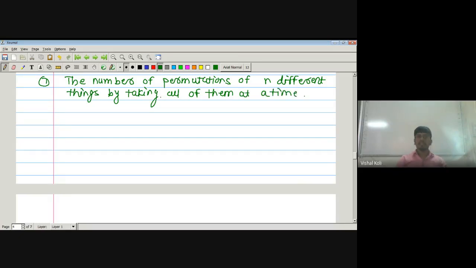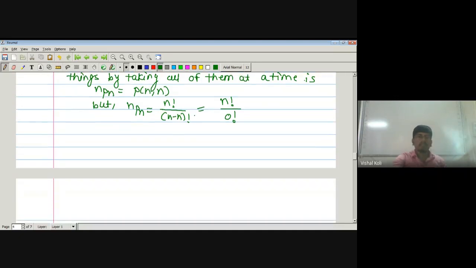Here there are n things and we have to take all of them at a time. Then it is nothing but nPn, that is Pn. But nPn is nothing but n factorial divided by (n minus n) factorial, so n factorial divided by 0 factorial is the required number of ways.